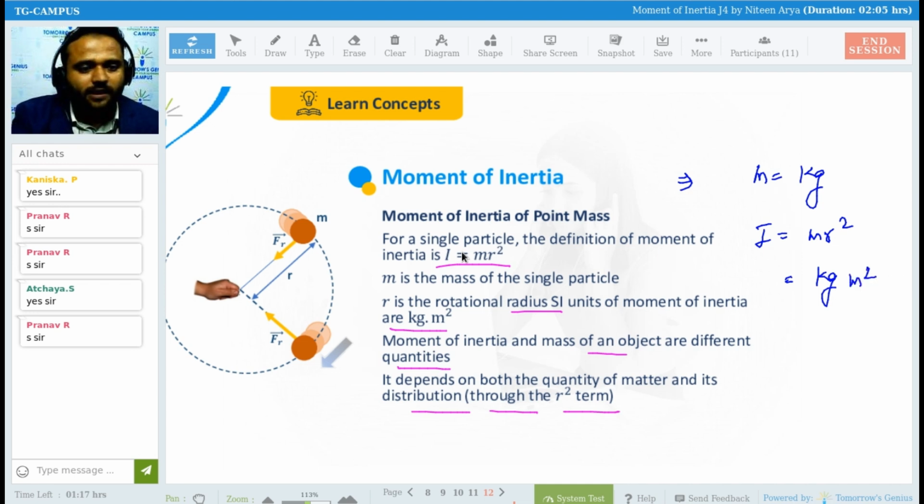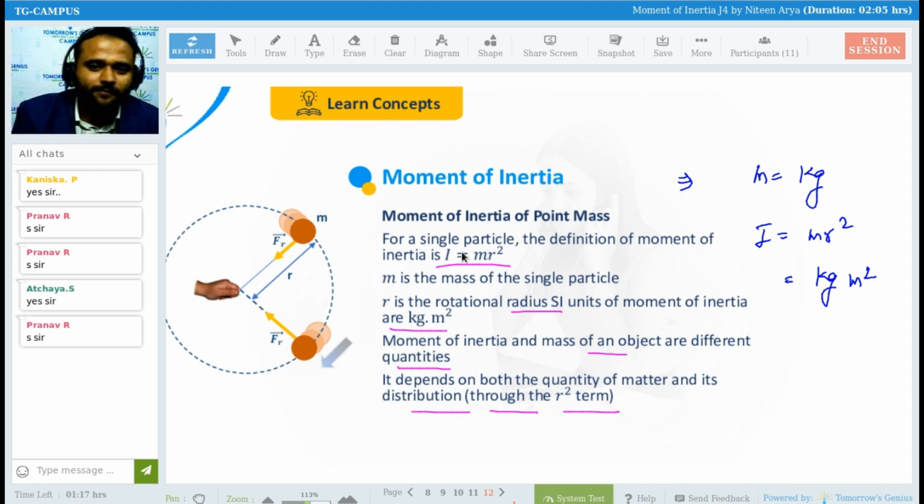Clear, everyone? Like we have linear velocity equal to r into omega. Omega is angular velocity, d theta by dt.